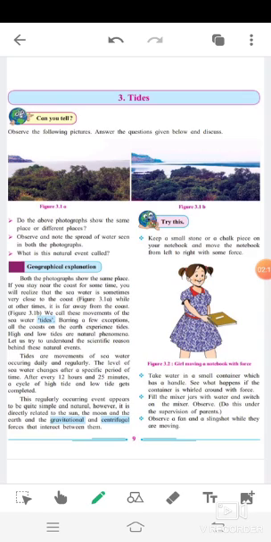Barring a few exceptions, all the coasts on the earth experience tides. Tides are movements of sea water occurring daily and regularly. The level of water changes after a specific period of time. After every 12 hours and 25 minutes, a cycle of high tide and low tide gets completed.